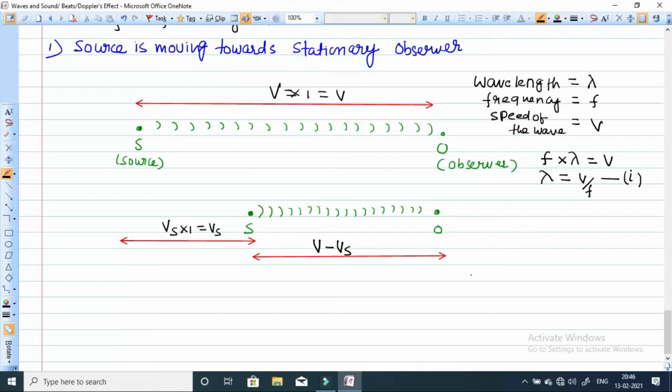Now what is the new apparent wavelength?